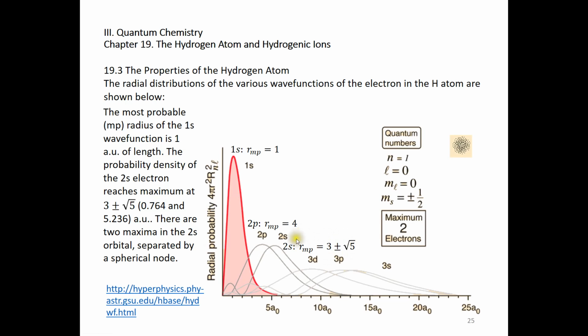However, we can have the distribution, and you can see this distribution for the 1s electron, the distribution for the 2s electron with two maxima separated by a spherical node. We can see this 2p distribution, only one maximum without any spherical node, and you can see 3d, the wider distribution, and a larger most probable radius. I think this is about 9 over here. 3p has one spherical node separating two maxima, and then 3s has three maxima, 1, 2, 3 maxima, separated by two spherical nodes.